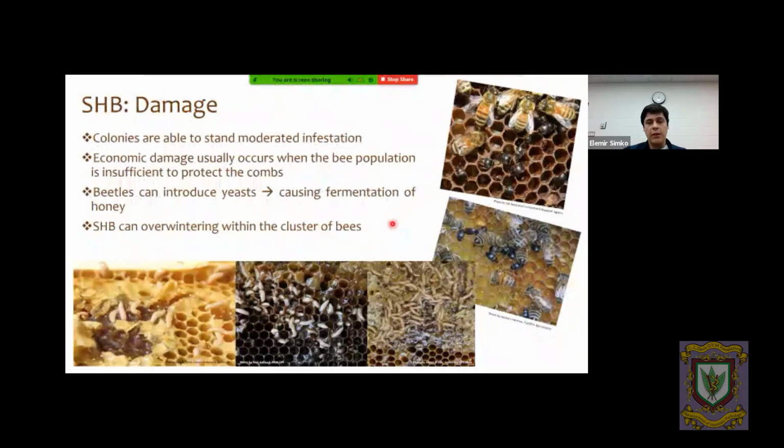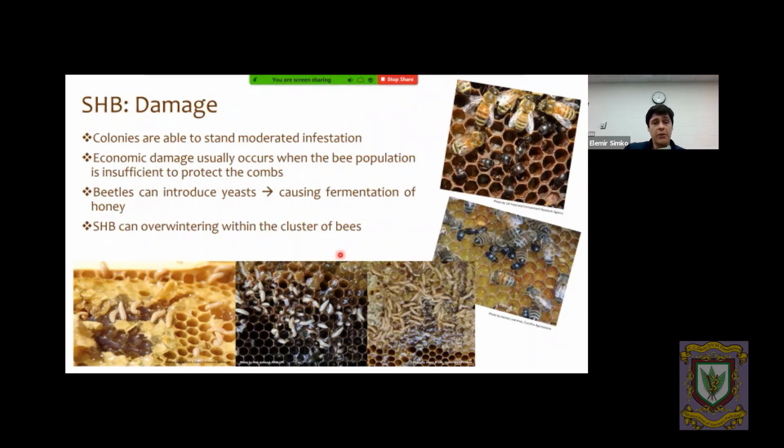Economic damage usually occurs when the colony is weak or depopulated for any reason, and there are not enough bees to remove the beetles or the larvae, or to protect the frames. Even when the larvae don't destroy the comb, they can introduce yeasts that cause fermentation of the honey, so it can spoil the honey even if they don't destroy everything.